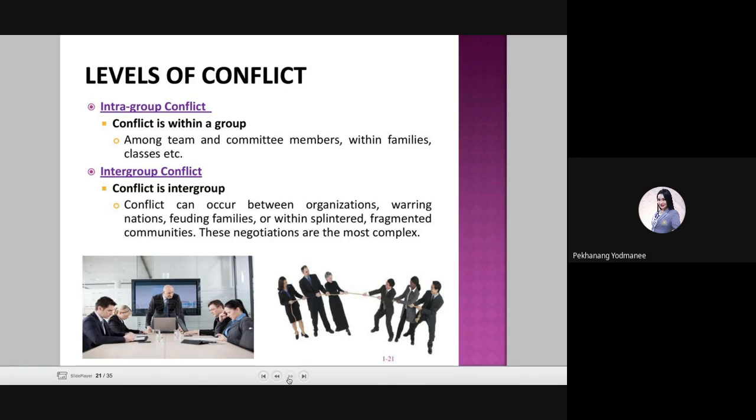Okay, at this level, conflict is quite intricate because of the large number of people involved and the multitudinous ways they can interact with each other. Negotiation at this level is also the most complex.